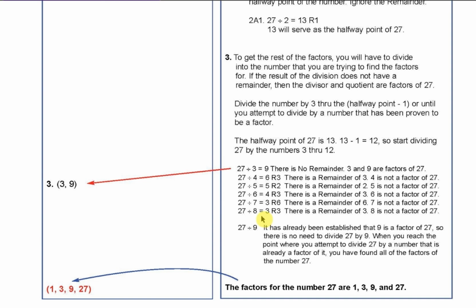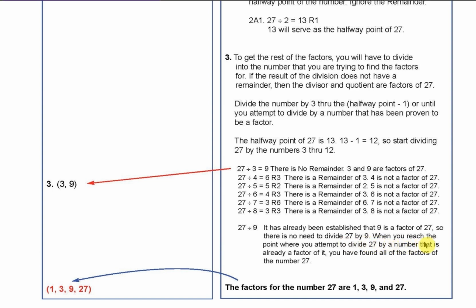Next, we will divide by 9. Now please note, it has already been established that 9 is a factor of 27. Therefore, there is no need to divide 27 by 9.